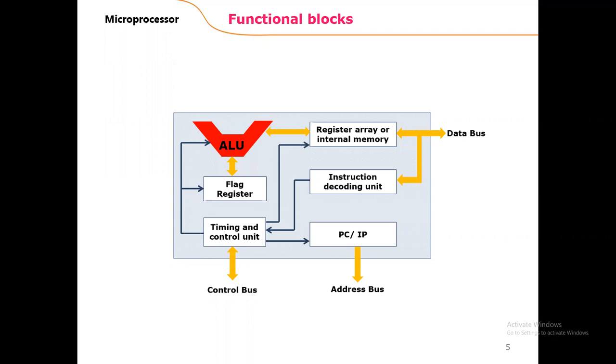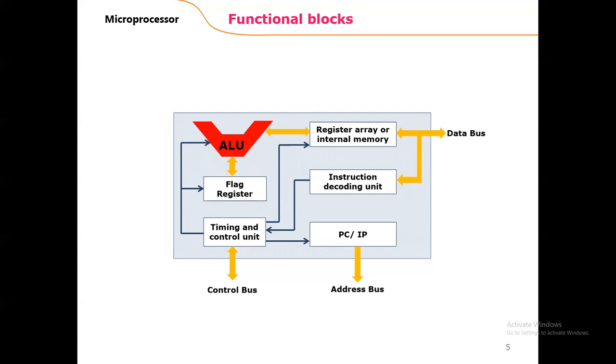The data bus is bidirectional, meaning it has input and output. The address bus is output, and the control bus is input and output. It is a bidirectional unit.